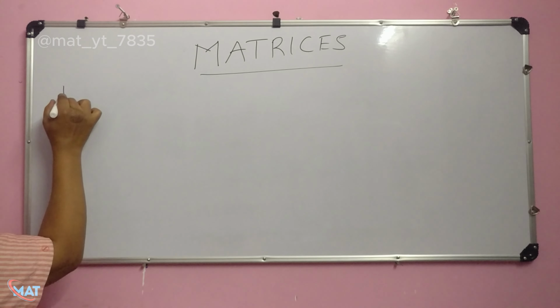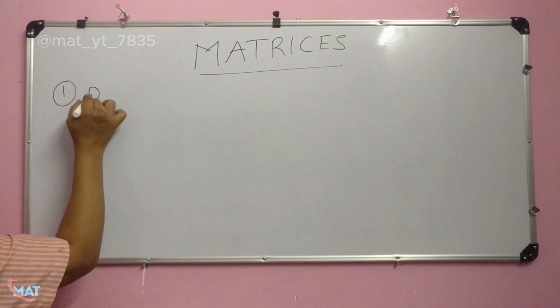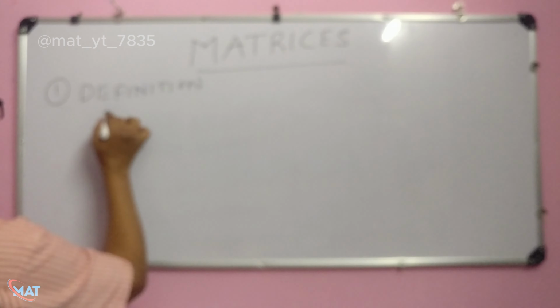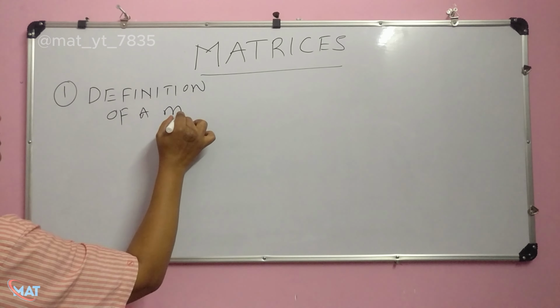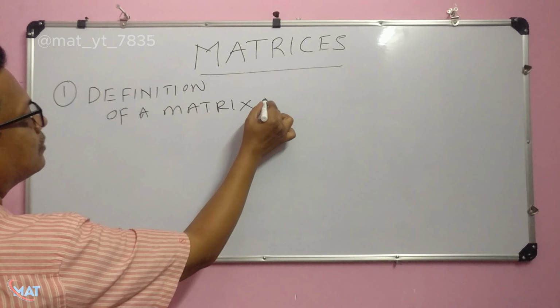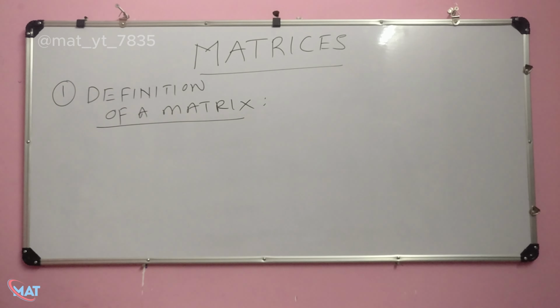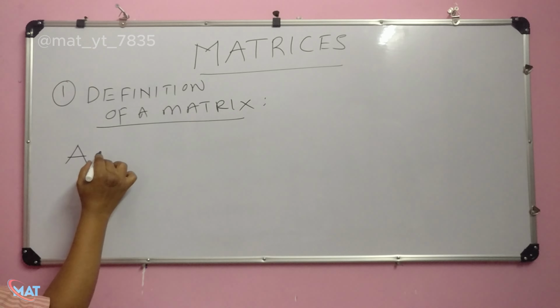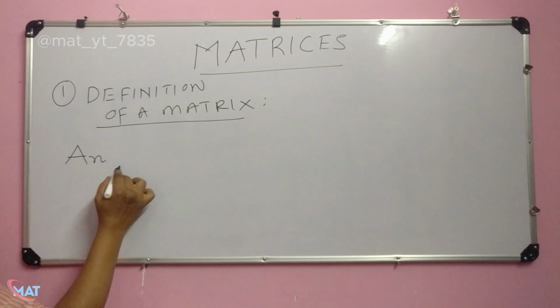So first one, definition. Definition of a matrix. Simple to write: an array.